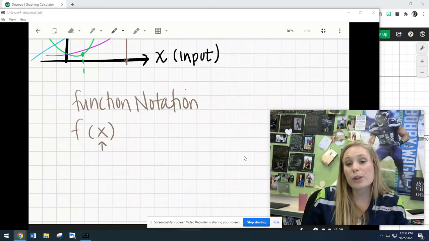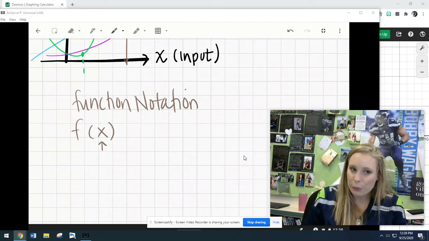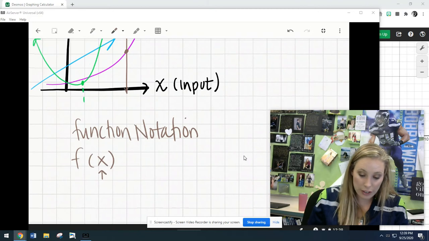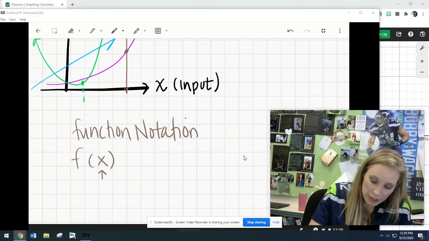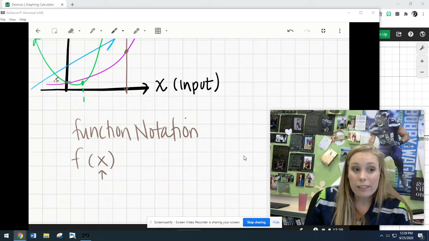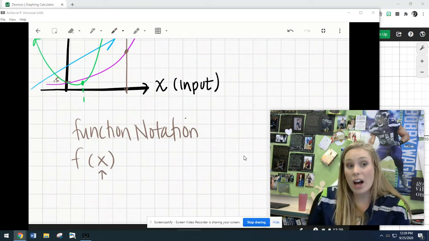That is what we are going to input into the equation. But f of x is the value at that x. So if we're looking at this green graph here, let's say that's 1 and let's say this is 0.5. We could say that at f of 1, the value is 0.5.